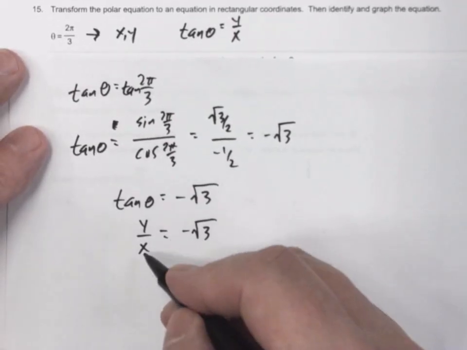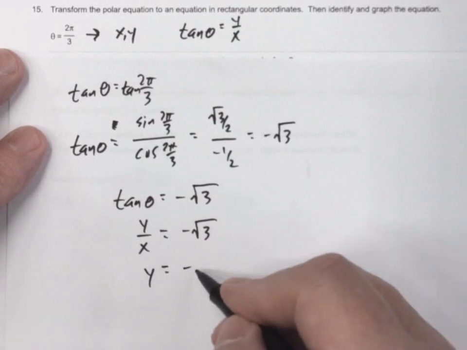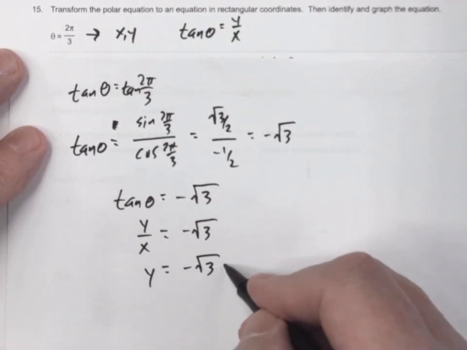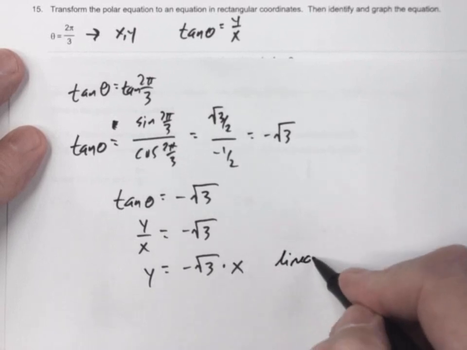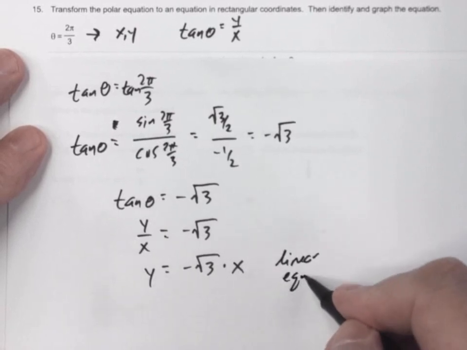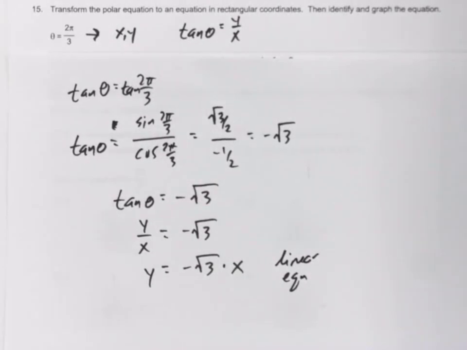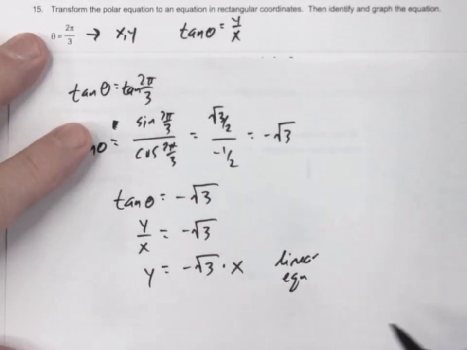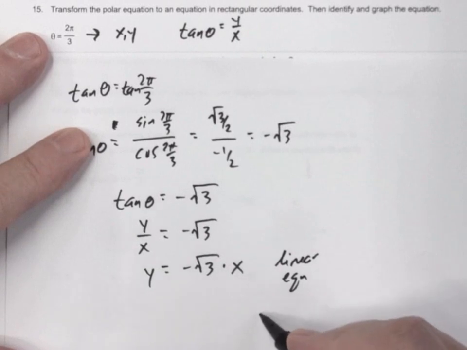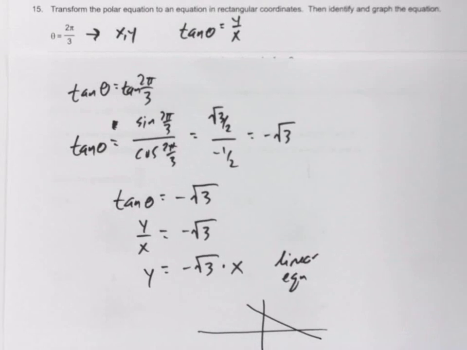Now, multiply x by both sides. In the world of algebra, this would be called a linear equation. It's a straight line. You would call this the slope, and since it's negative, it would look like a line like this.